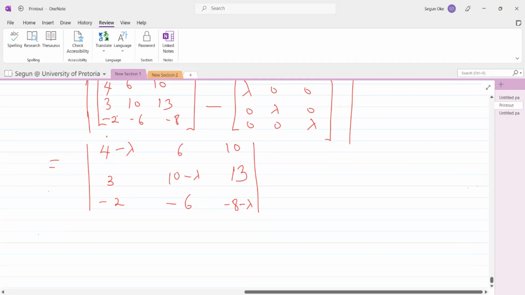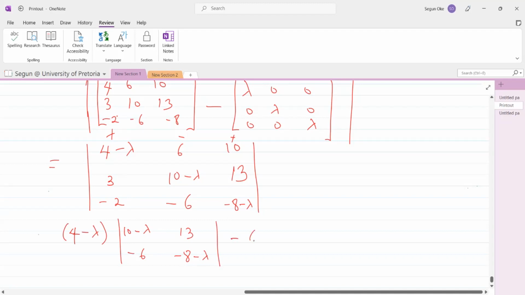Remember, plus, minus, plus. So let's pick the first one, which is our 4 minus lambda, which is going to be 10 minus lambda. Do you agree? 13, minus 6, minus 8 minus lambda.